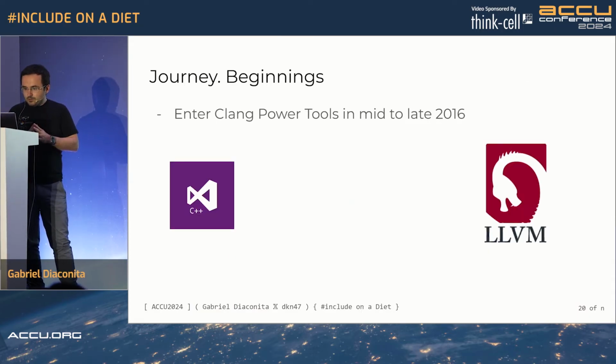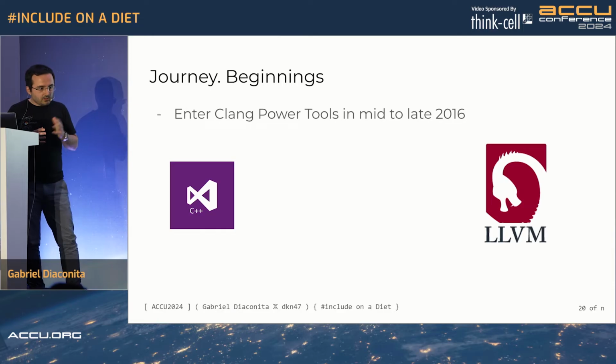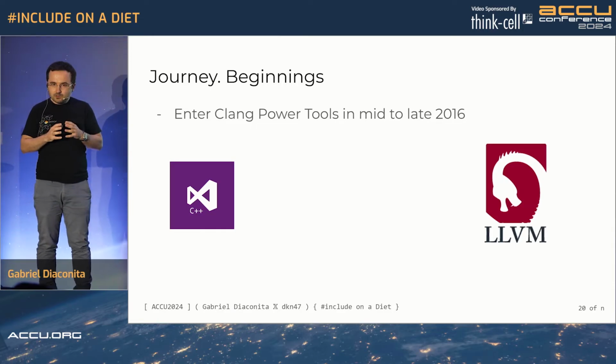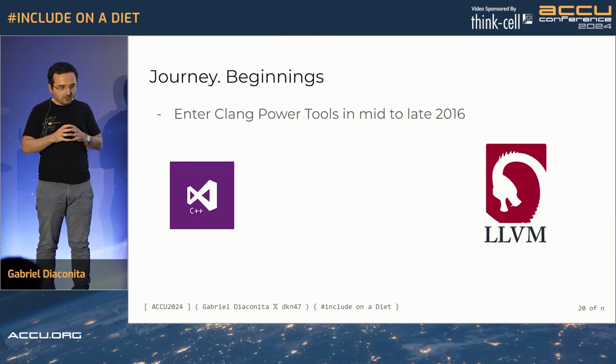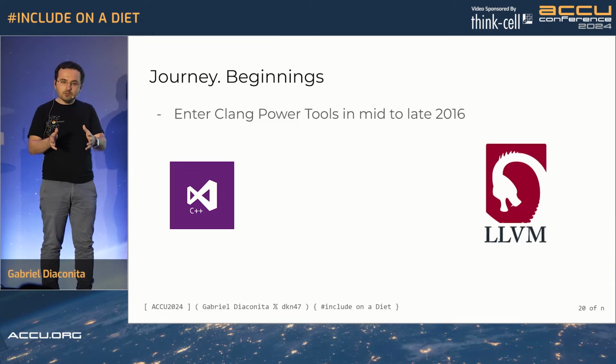So what we did a few years ago in 2016, we created Clang Power Tools. We saw that people have developed these amazing tools, the LLVM infrastructure, that sadly was not available to us. Our product is for the Windows platform, and it is not easy to use the LLVM infrastructure in Visual Studio.